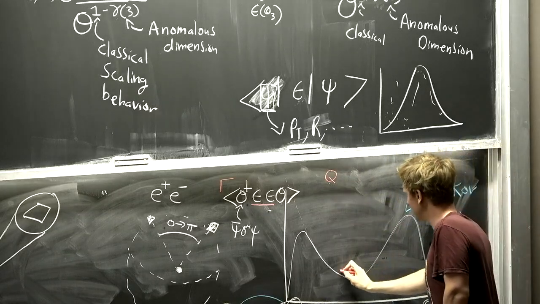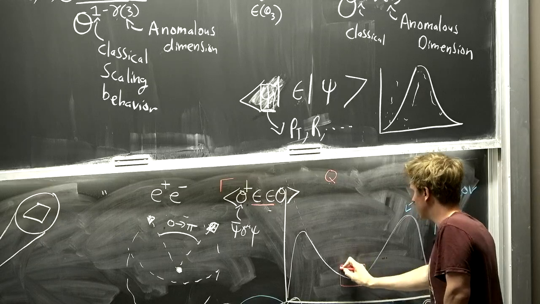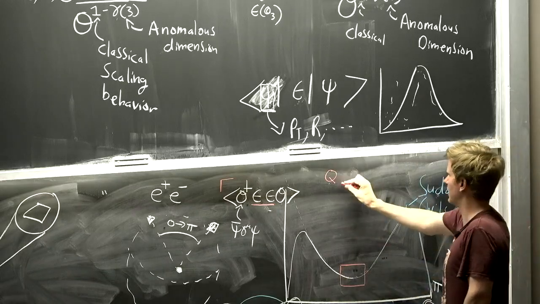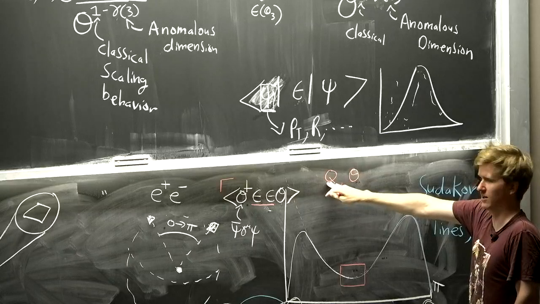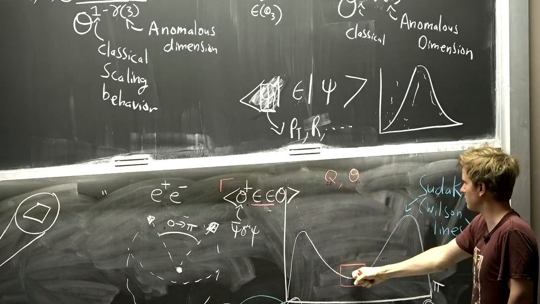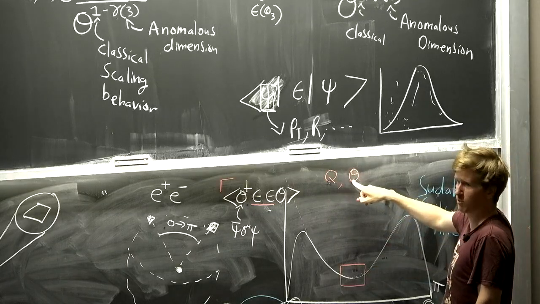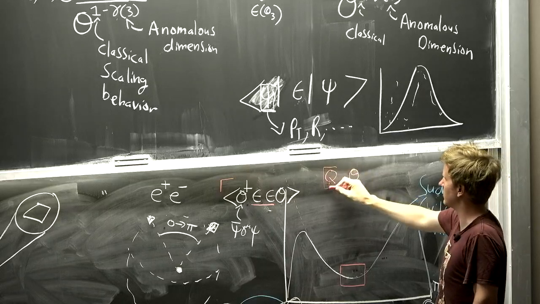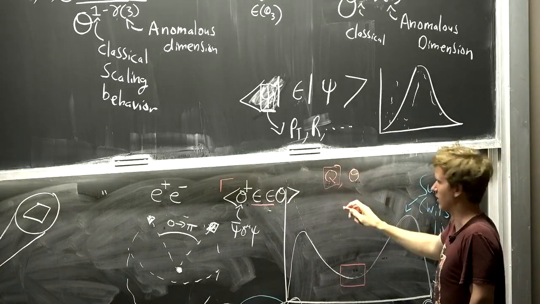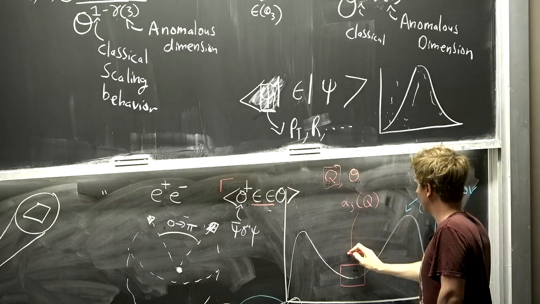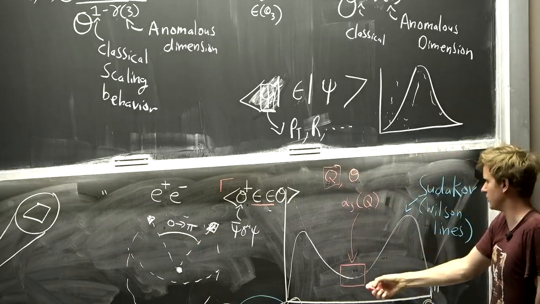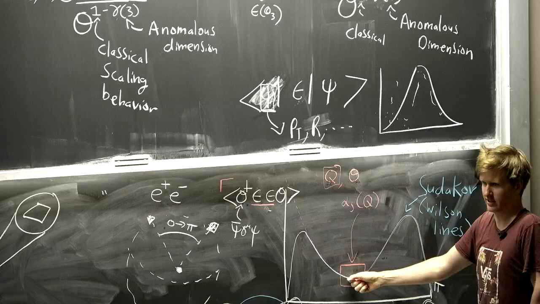In the middle region down here, that's the only scale in your problem. In this problem, there's an angle and a Q. In this middle region, the angle is just an order 1 number, so the only scale is Q. You're always probing the strong coupling constant at Q, and that's why you get, for example, 3-jet events in here.